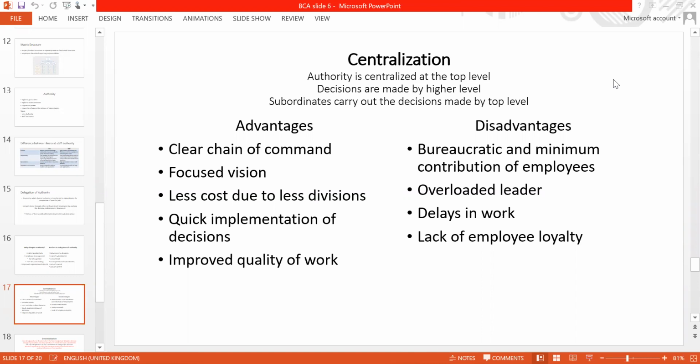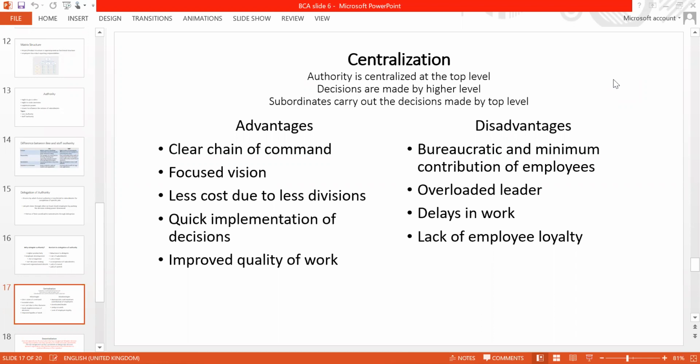The chain is not broken anywhere if you are not decentralizing. The chain is clear from bottom to top, and the order flows down from the top. It is very clear who does what.